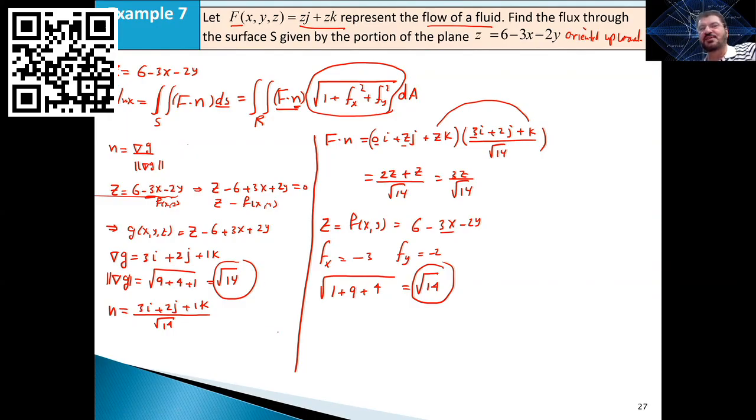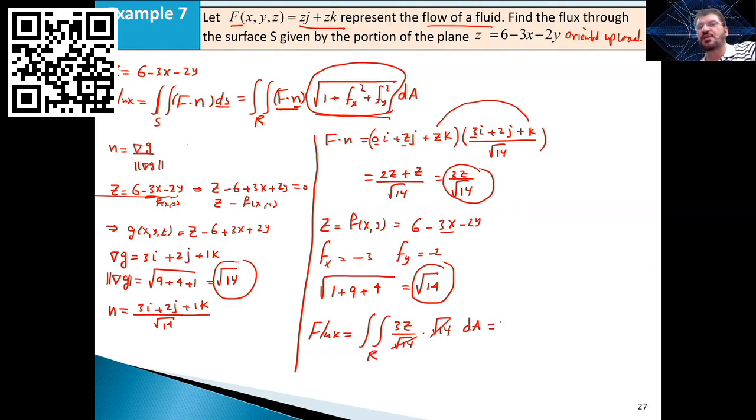So let's go to my question. So flux, what is it equal to? Double integration of F dot n. What did we get? Where is F dot n? Here is F dot n. So it's 3z divided by square root of 14, times this, which is also a square root of 14, dA over R. This square root of 14 goes with that one.